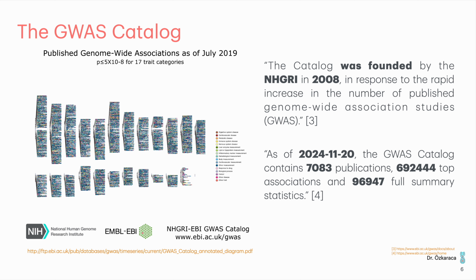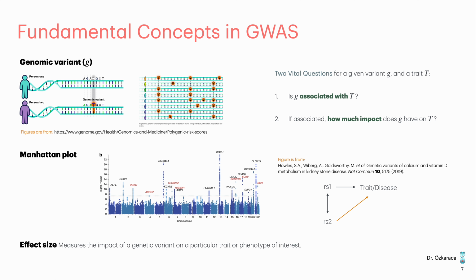This resource was established by the National Human Genome Research Institute, NHGRI, in 2008, and it reflects the sheer scale of research happening globally. I should also add that there are other publicly available online resources as well, which you can find by simple online research. Let's now cover some key concepts in GWAS.